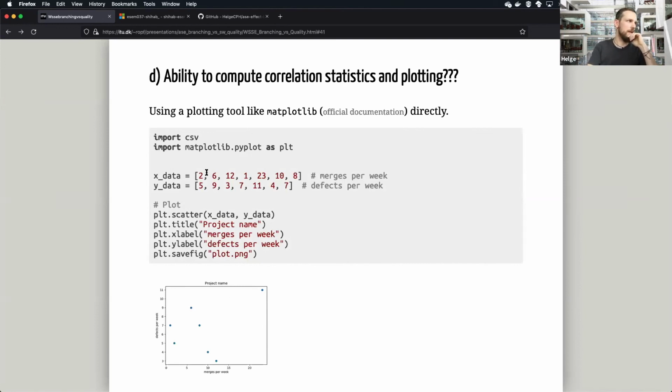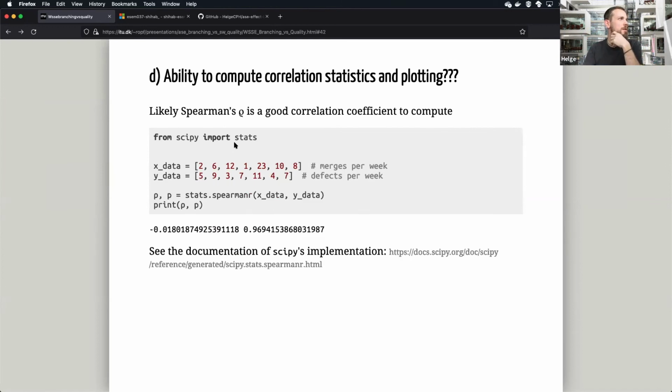If you had on your x-axis the number of merges per week and on the y-axis the number of defects per week, you could say, hey, Python, create me a scatter plot, save that file, and it would look something like that. If you wanted to compute Spearman's rho, under SciPy in the stats module there is a Spearman's rho implementation that you can feed that data, and it will tell you a correlation number and the corresponding p-value.